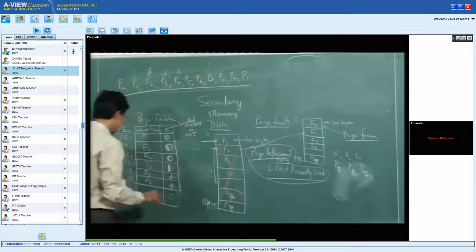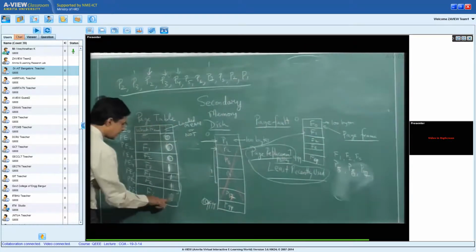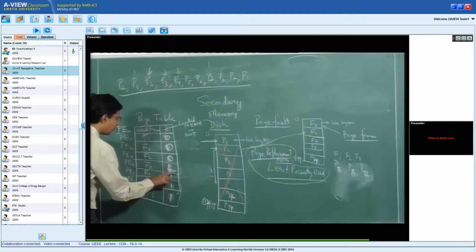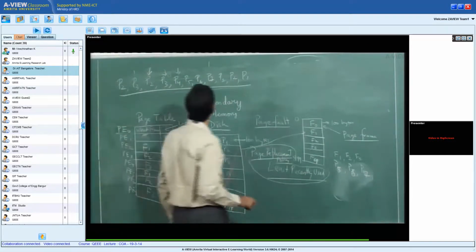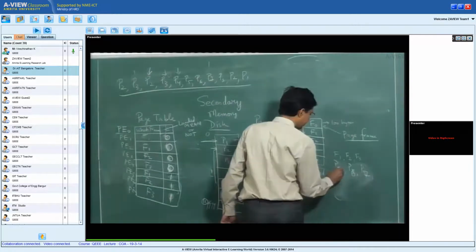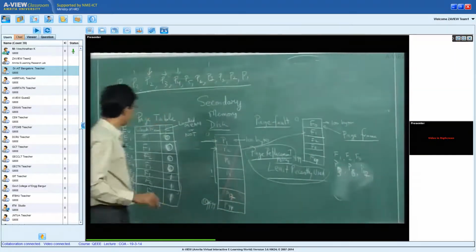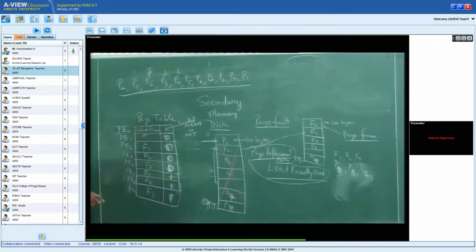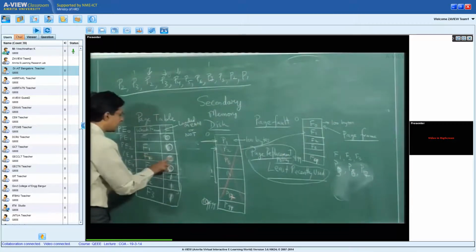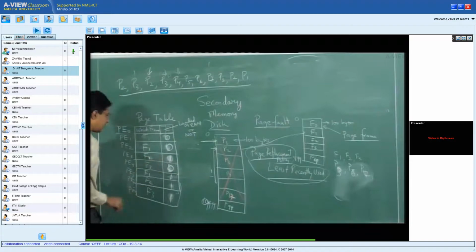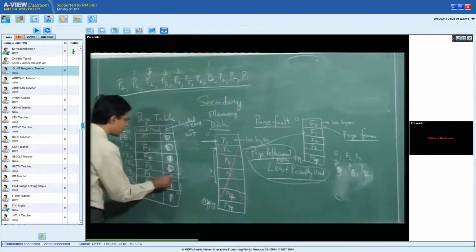So P7 is loaded at frame 3 and P4 goes off. Now again P3 comes and it needs to go to frame 1. So P3 now becomes frame 1, this becomes 1, and I have replaced whom? P5, so this becomes 0.